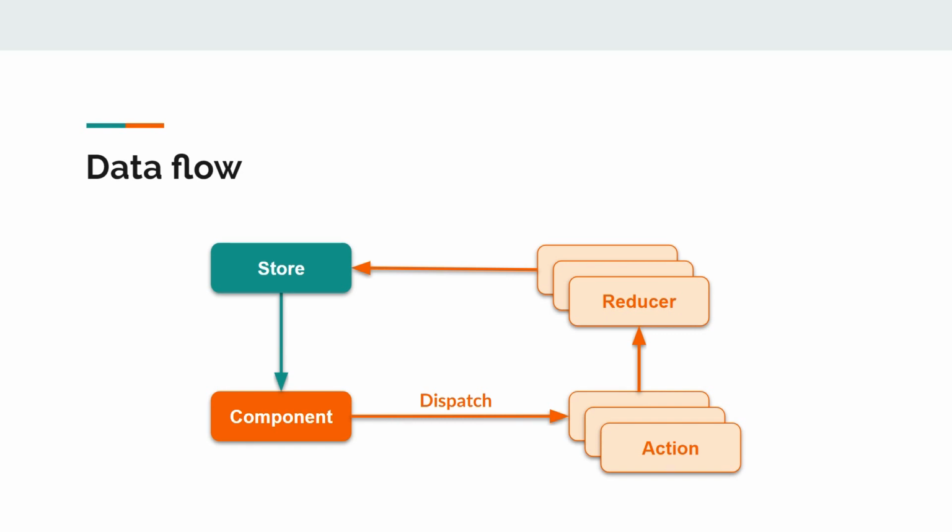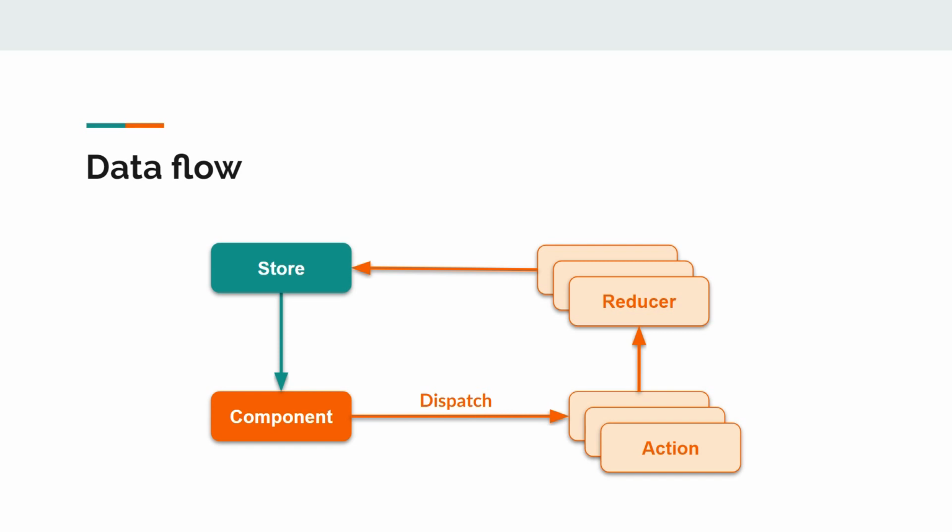Okay, so we are starting from the component, and let's say the component is dispatching some action. And this action, or maybe multiple actions, are sent to the reducer. And the reducer is checking if it can handle this action. And if it can, it is making the transition in the store from one state to another.